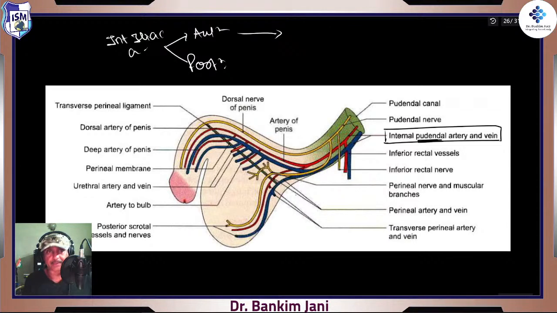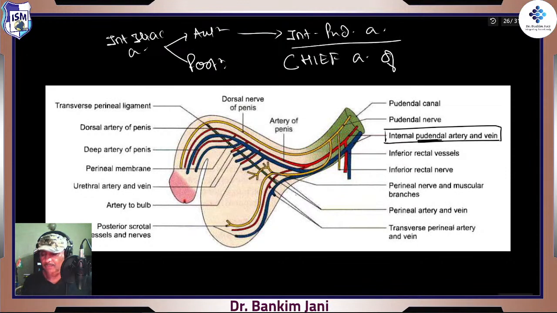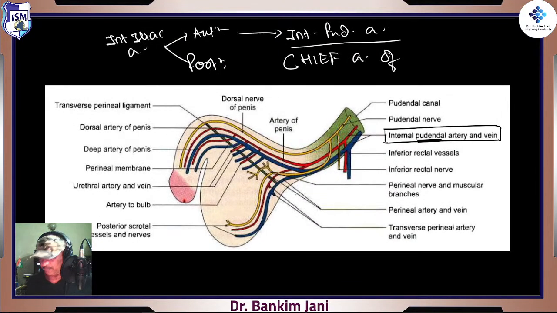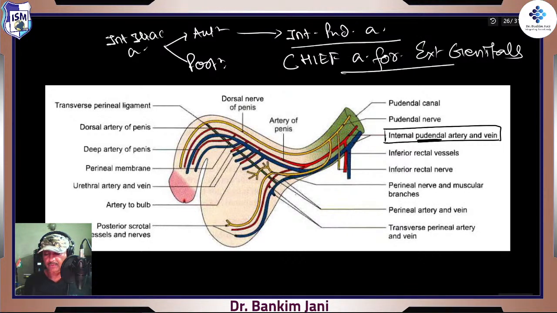And from the anterior, the internal pudendal artery, this is the chief artery for the external genitals. So that's how it gets distributed.